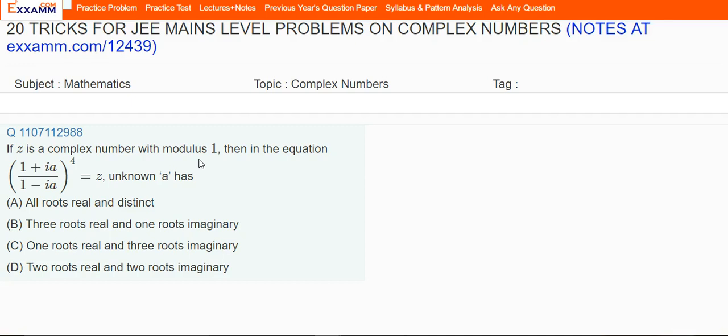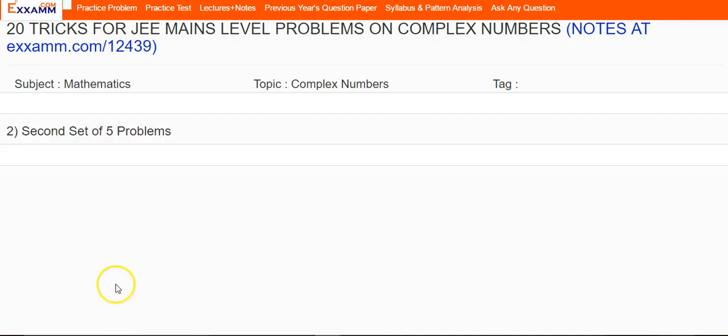It would look obvious that we can say modulus of z is equal to 1 and proceed thereafter, but how do we proceed? The right way is to first understand all the possible ways to proceed. First, modulus of z is equal to 1 would mean modulus of z square is equal to 1, which implies z times z bar is equal to 1, therefore z is equal to 1 upon z bar.